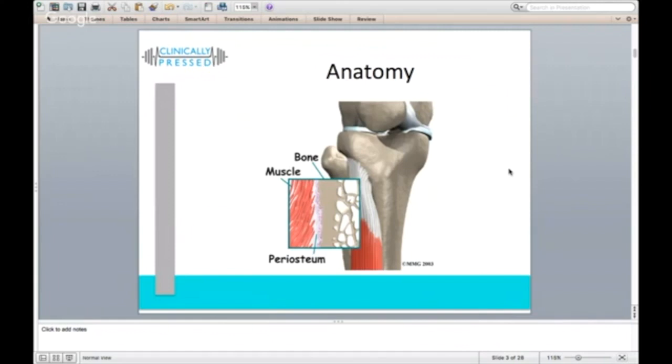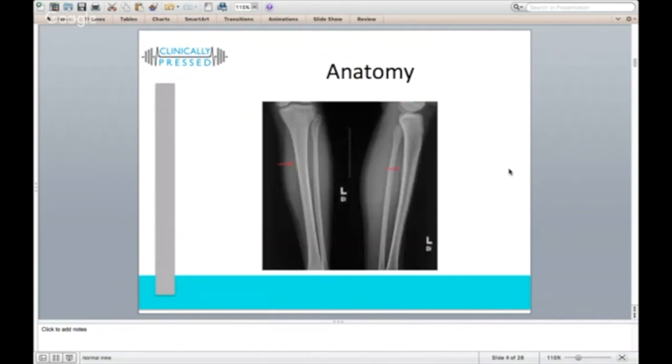So that's where it's really hard to know exactly what is going on. But as we get talking, it doesn't necessarily change your treatment plan, depending on what official diagnosis you come up with, if you get more specific than just saying medial tibial stress syndrome.